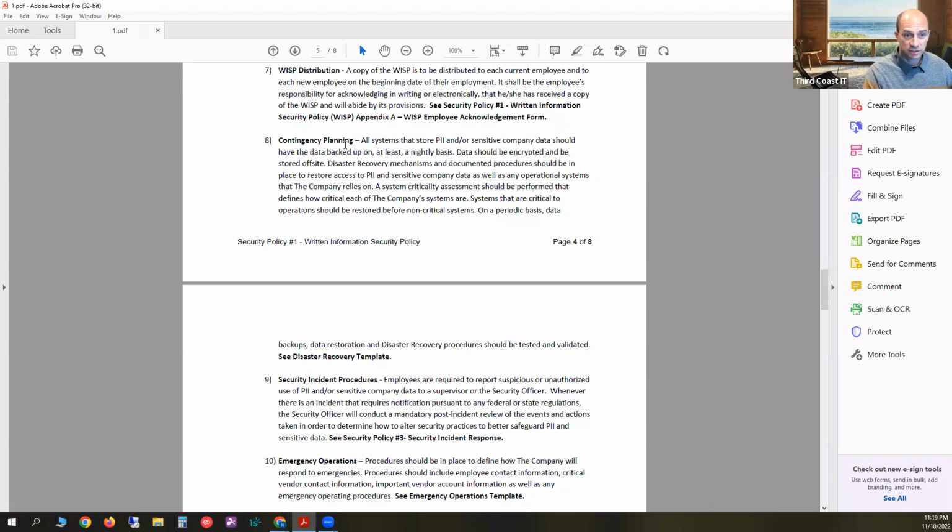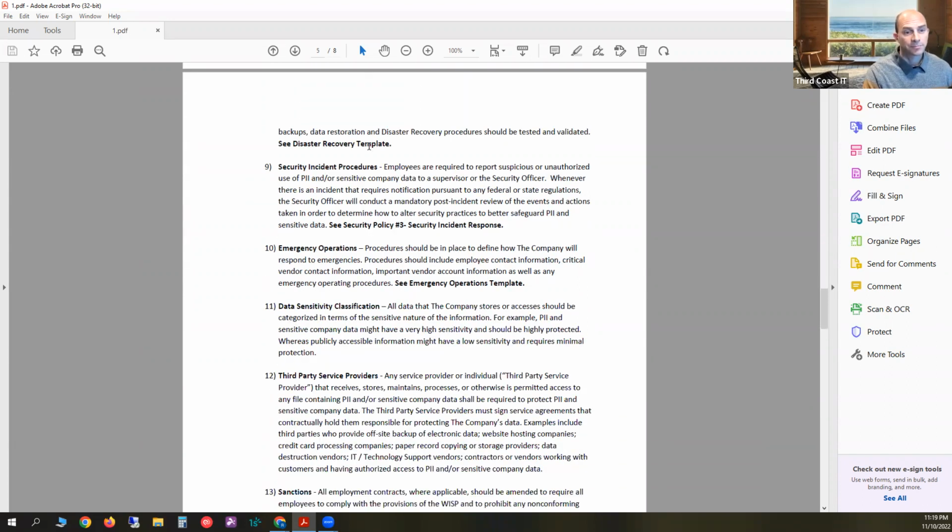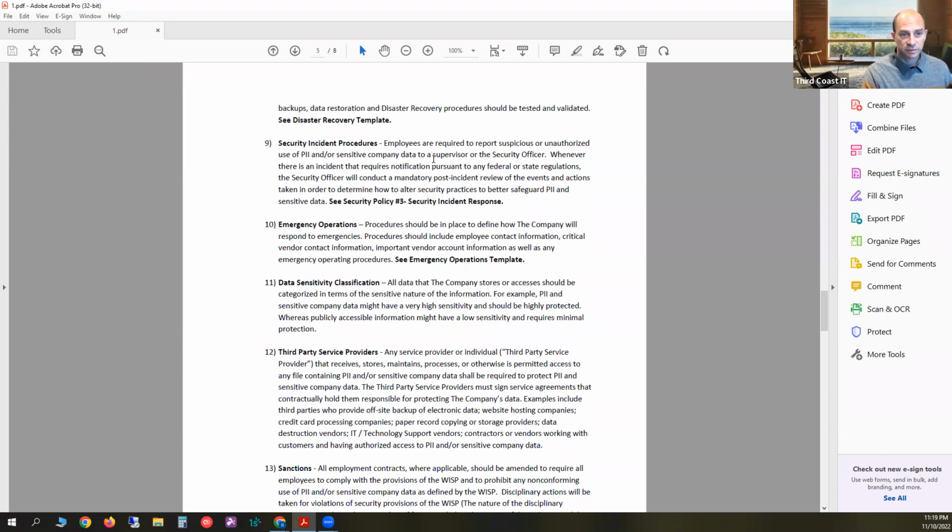We do want to do contingency planning, where we think about what ifs, and that leads to a lot of tabletop exercises that are very healthy. We have security incident procedures. What happens if there is a breach, and what are the proper steps to take if that happens. Having that stuff organized ahead of time makes everything so much easier.